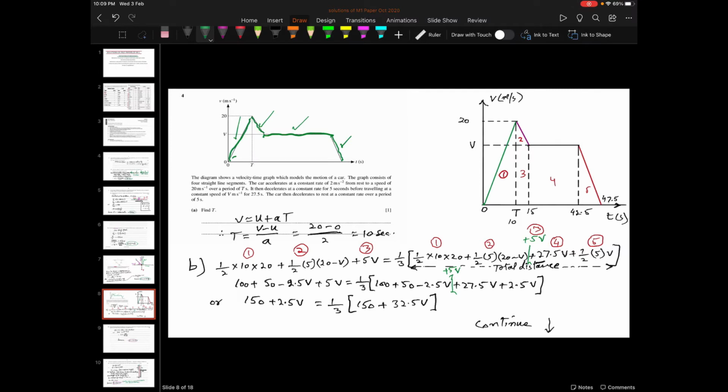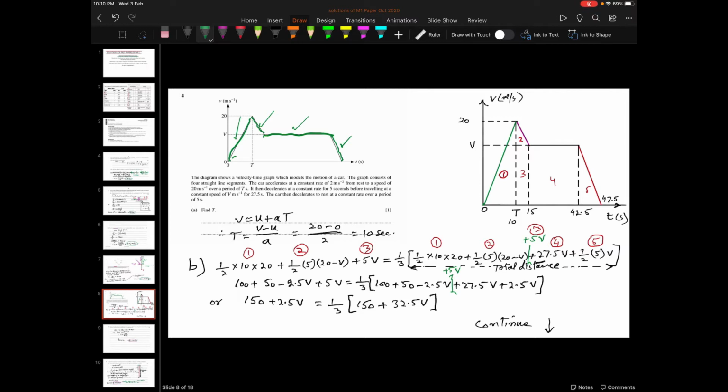Now from the figure given on the right side, we can write half into 10 into 20, which is the area of triangle 1, plus half into 5 into (20 minus v), which is the area of another triangle, plus 5 into v, which is the area of the rectangle shown by 3, is equal to 1/3 of the total distance travelled by the car, which is shown in the bracket.